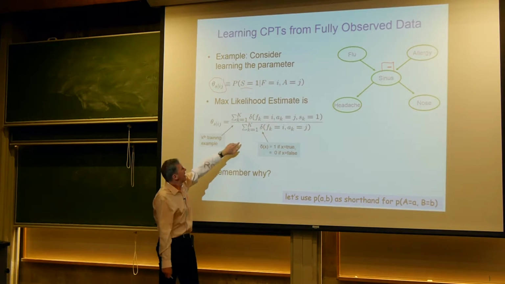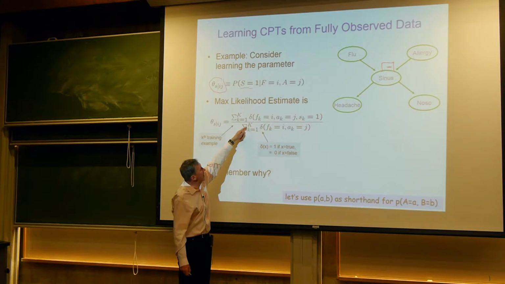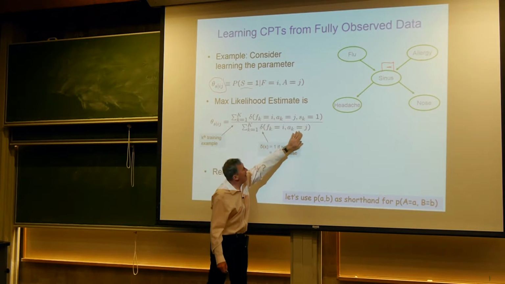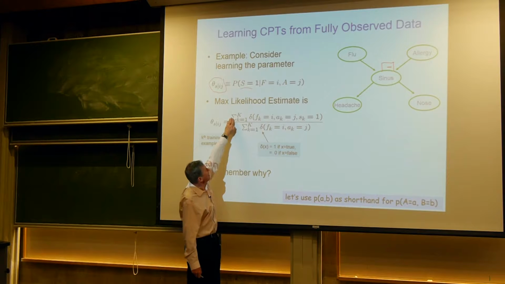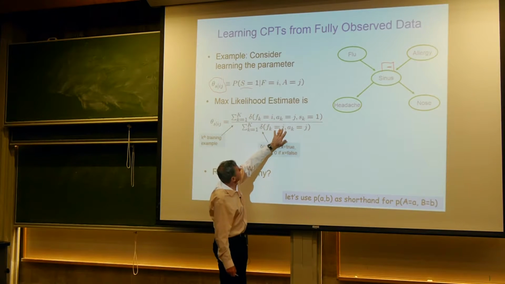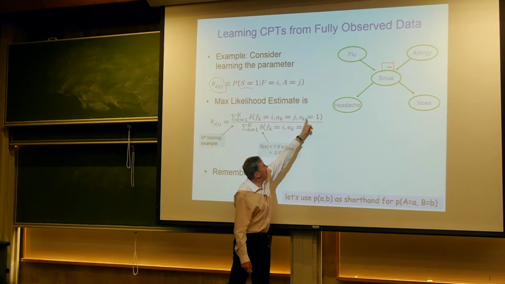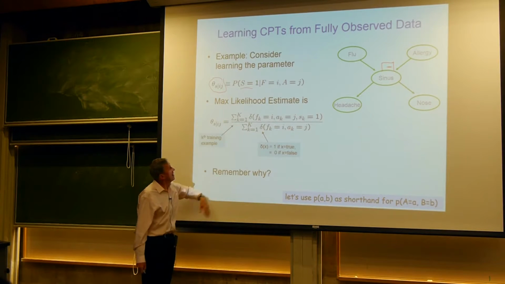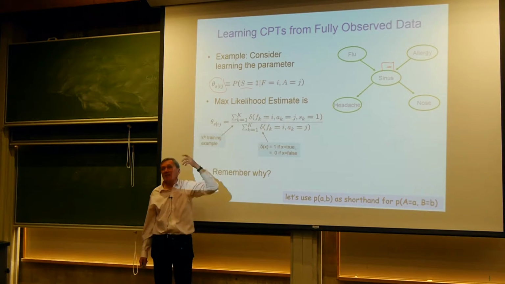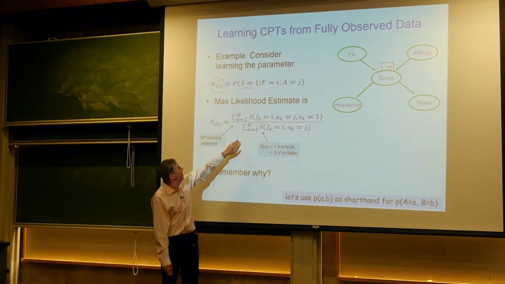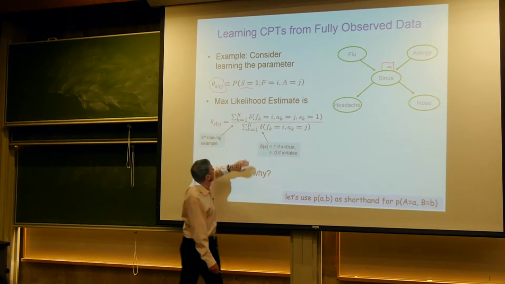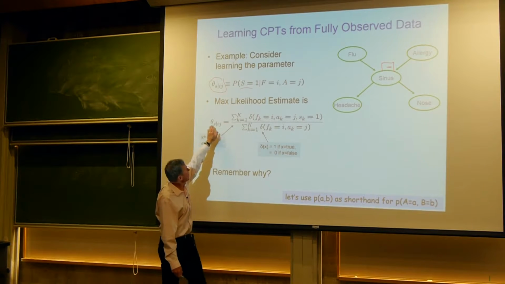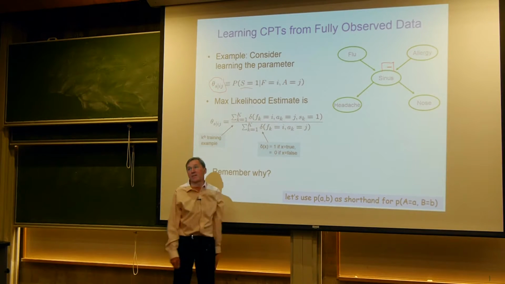So this is just a way of saying, let's count how many training examples have this property. And then let's also count in the numerator how many have that same property plus have S equals 1. And so this is just the proportion of cases for which F and A have I and J, the proportion of those cases in which S also has the value 1.